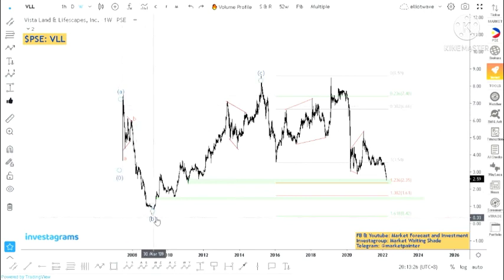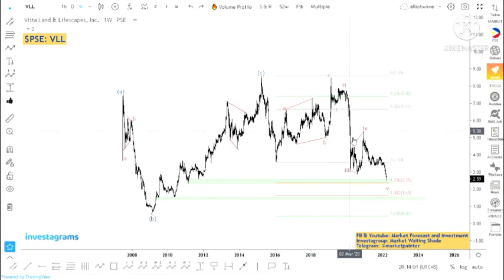Our wave B here is actually composed of 3 microwaves ABC, while our wave C is actually a 5-wave structure. In this case the ABC correction is shown, while finally there is a move down, which is a 5-wave structure clearly labeled with 1, 2, 3, 4, and 5.